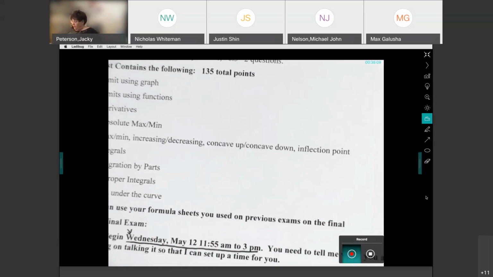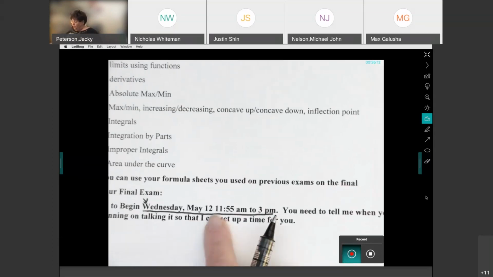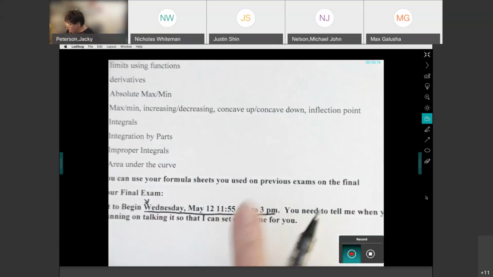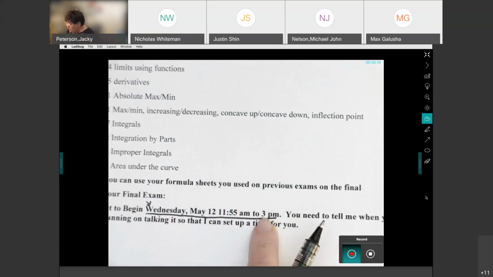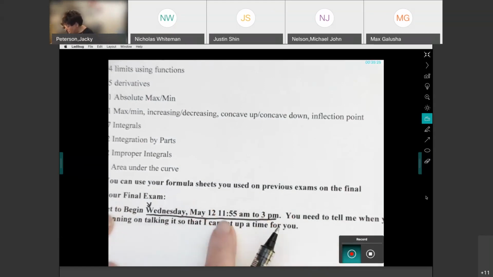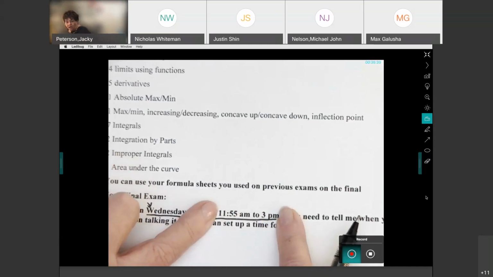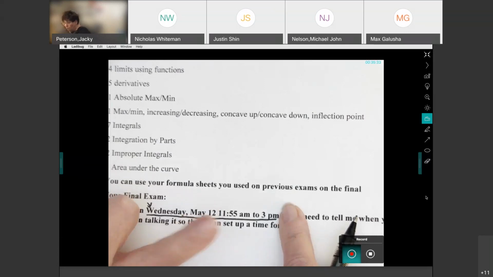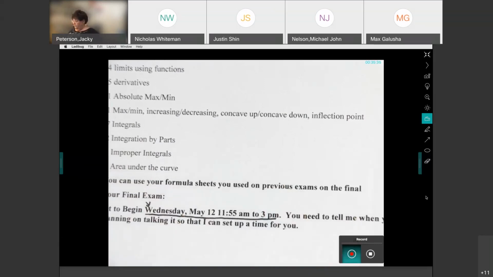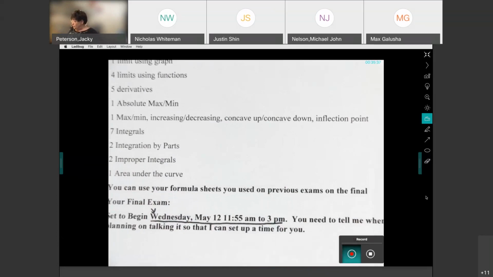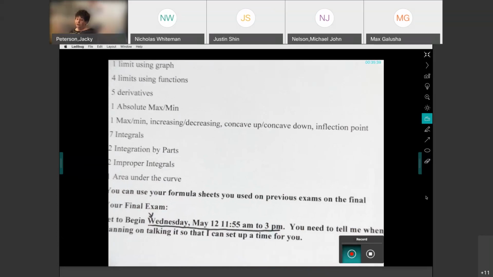Anyway, if we do it at a regular time, this is the time that you would need to set aside for me, which would be from 11:55 to 3. It doesn't have to be May the 12th, but if you want to do it at a class time, that's the block that you need to set aside. So we'll talk about that tomorrow as to what you guys want to do. You've got to work around your other classes.